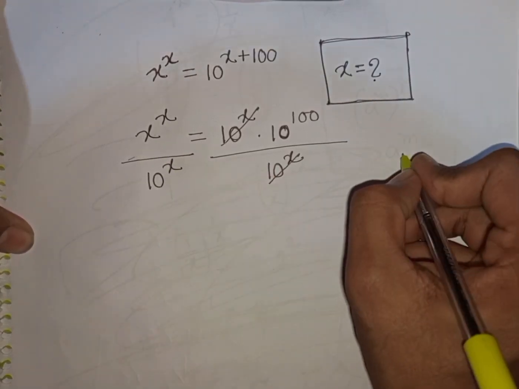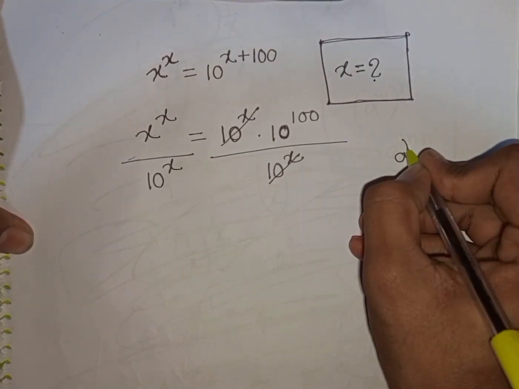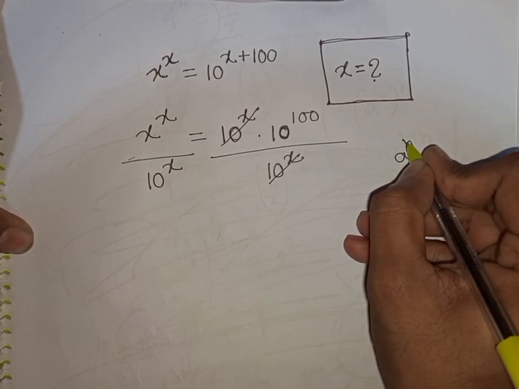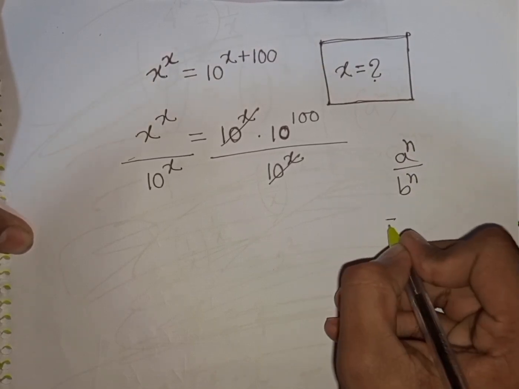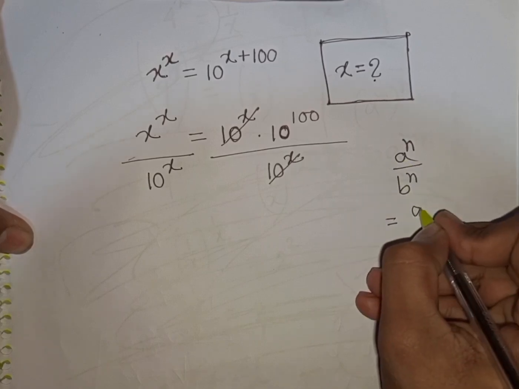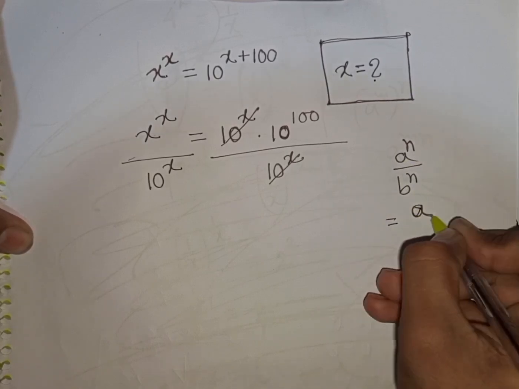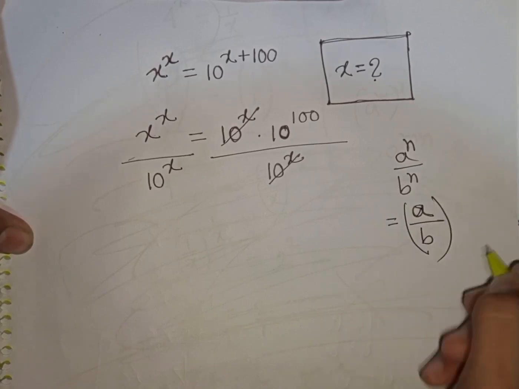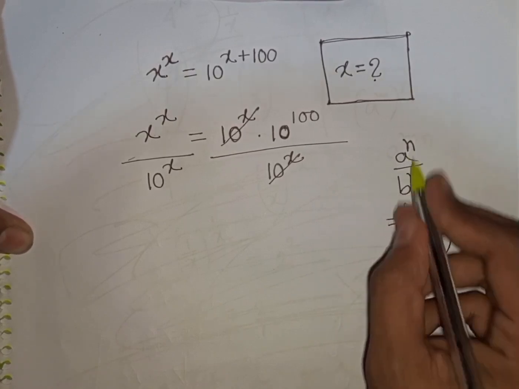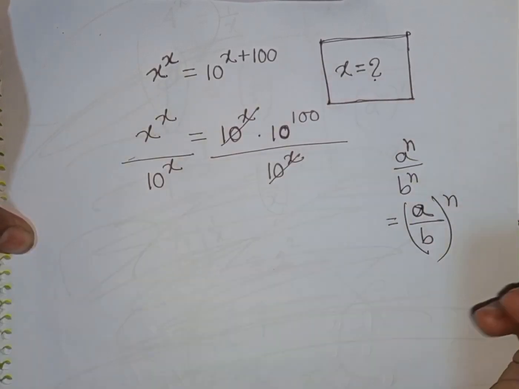So remember this exponential rule that a power n over b power n is equal to a over b, then bracket common power n.